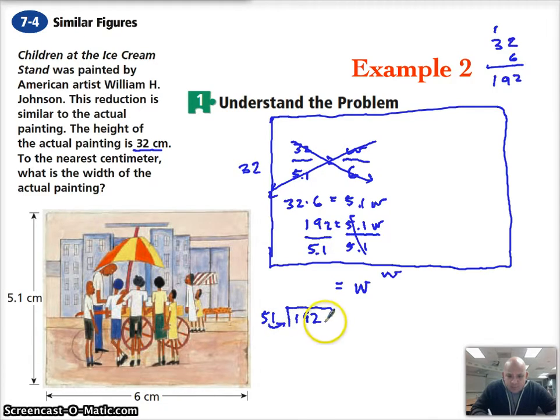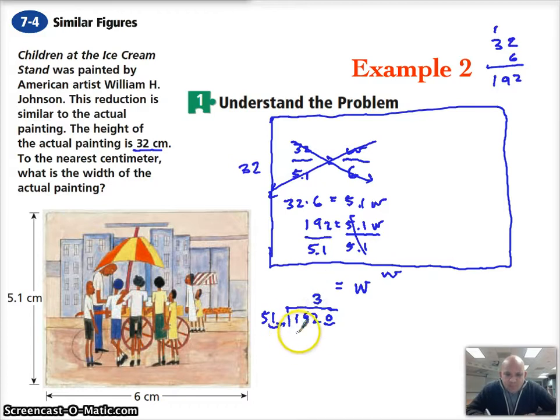That means I've got to move this decimal point over 1, which now means my new division problem is 1,920 divided by 51. 51 does not go into 1, it does not go into 19, but it goes into 192, almost 4 times.